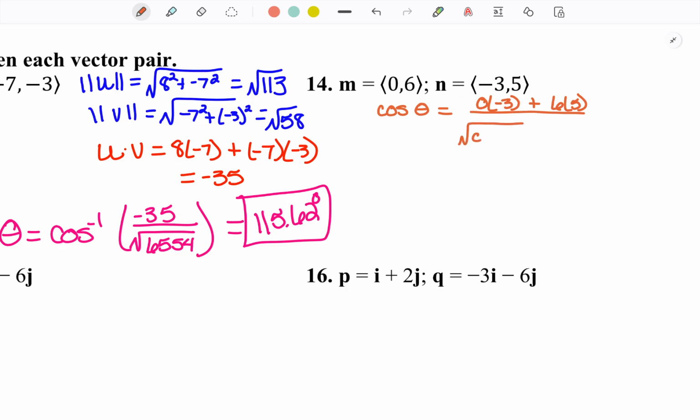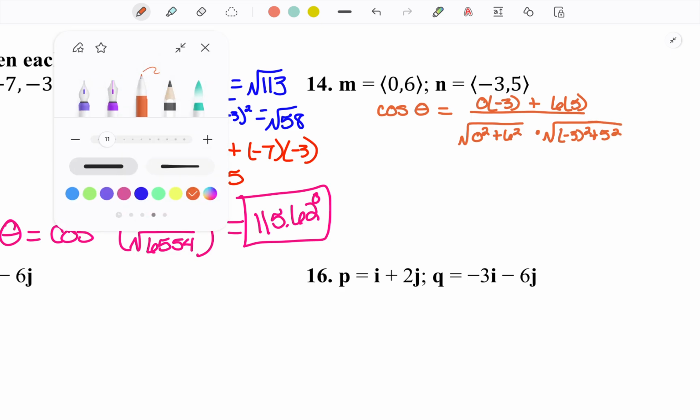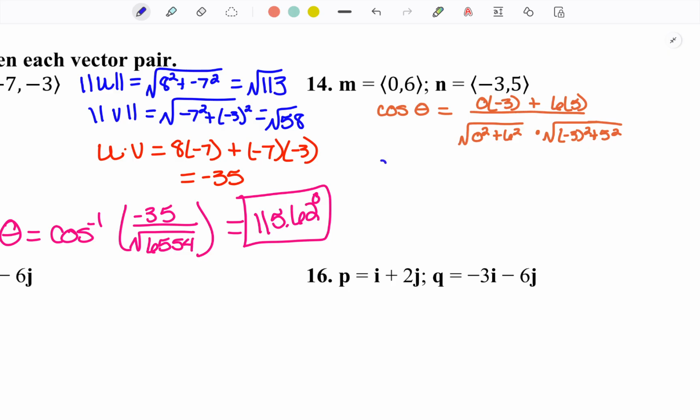So you would have the square root of 0 squared plus 6 squared times the magnitude of n, which is the square root of negative 3 squared plus 5 squared. So then you've got cosine theta equals, and so that dot product is 30.